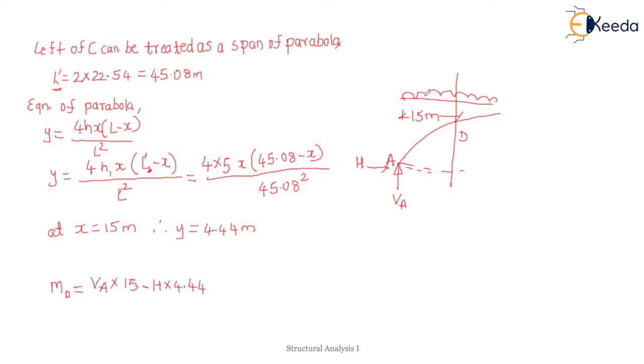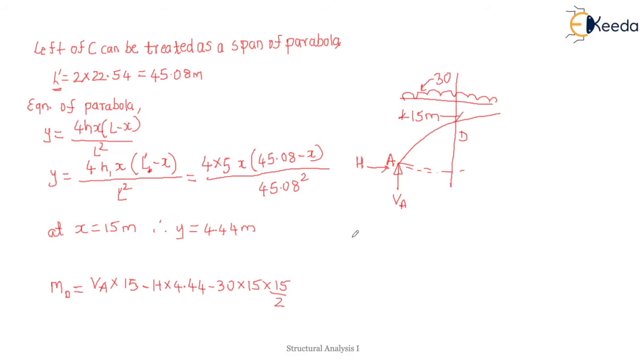And then there is a UDL, so the UDL we will write, because this is 30, so 30 into 15 into 15 by 2, and that is going in an anti-clockwise direction, so it will also be negative. So 30 into 15 into 15 by 2.